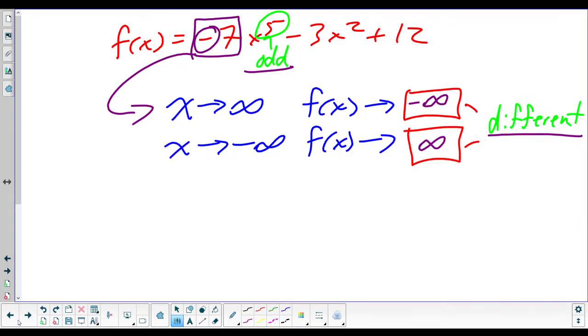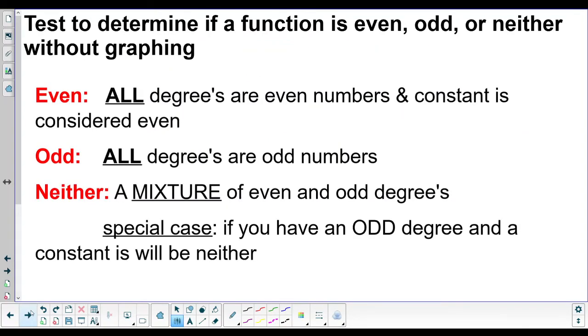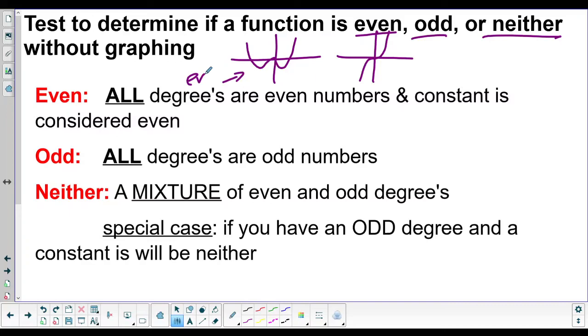All right, let's talk about determining if a function is even, odd, or neither. And we're talking about the symmetry again. We're talking about graphs that look like this, or maybe like this. This would be even. This would be odd.